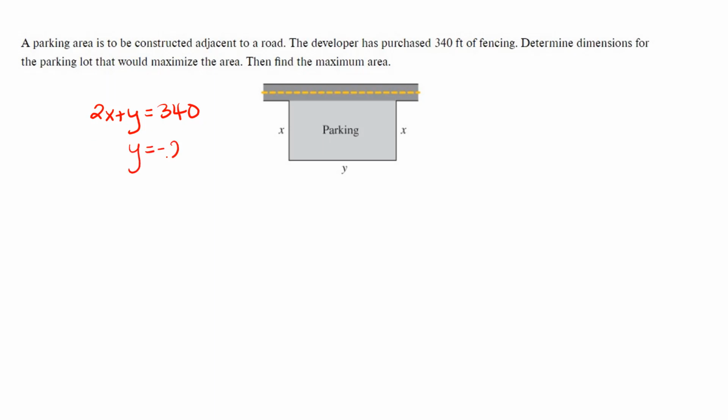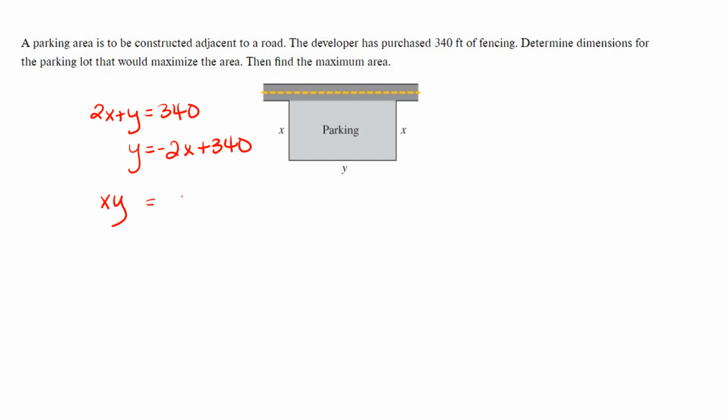So Y equals negative 2X plus 340. Okay, that's not the function for the area. The area of this parking lot is X times Y, so this is the function that we want.